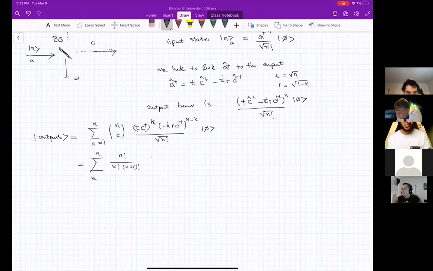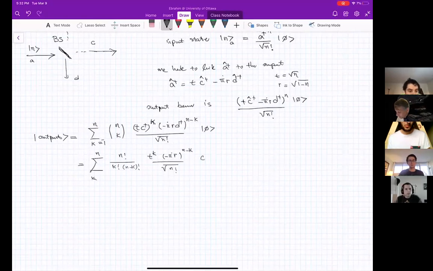Then I have T to the power of K, minus I R to the power of n minus K, divided by square root of n factorial. And then I have C dagger to the power of K and D dagger to the power of n minus K acting on vacuum.